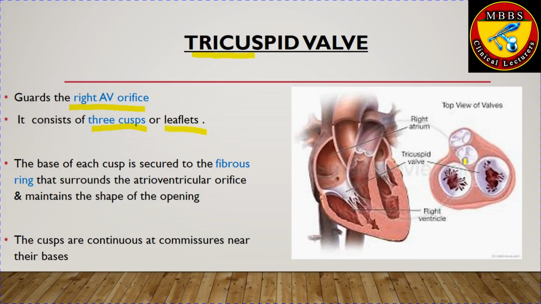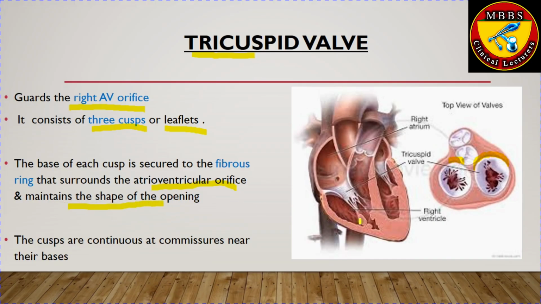The base of each cusp is secured, or you can say is attached, to the fibrous ring, the fibrous skeleton of the heart. The fibrous skeleton surrounds the atrioventricular orifice and it maintains the shape of the opening.